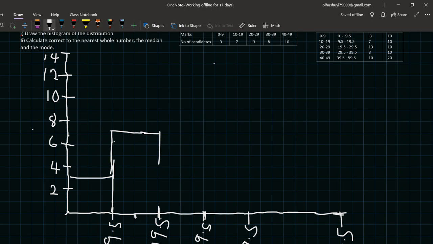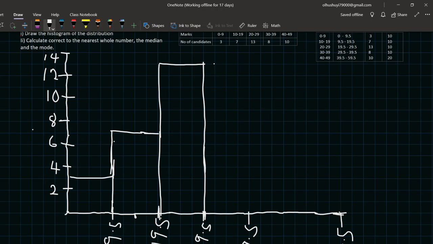So we have this should be of equal length, equal rectangular bars, though the length may differ. So we have the next one, 13. That's 13.